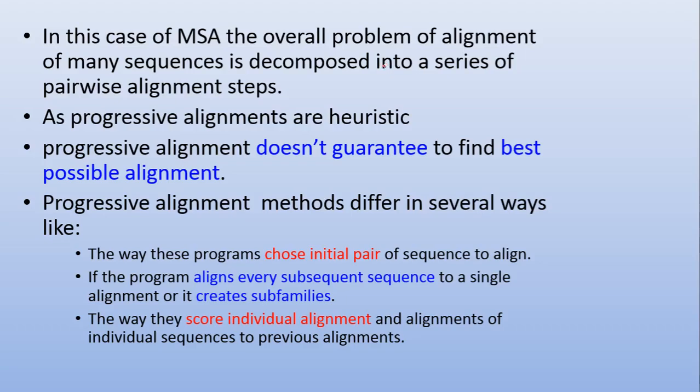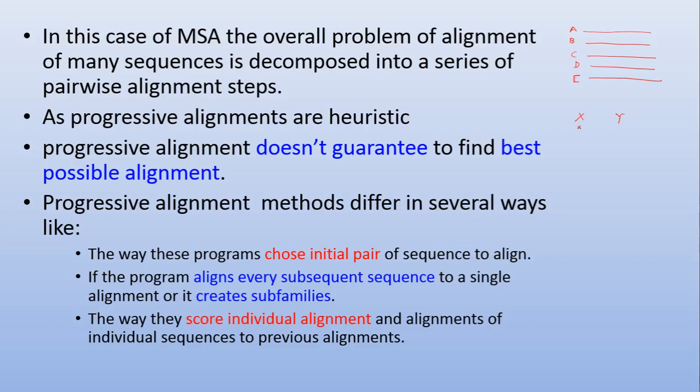Say, for example, any two progressive alignment programs might differ in the way these programs choose the initial pair of sequences. Say you have these five sequences, let us continue our previous example, A, B, C, D, and E. If you want to compare these five sequences, say we have progressive alignment program X and progressive alignment program Y. These are two programs, and how can these programs differ?